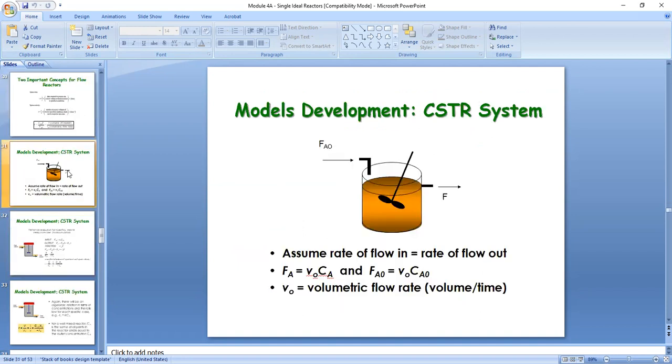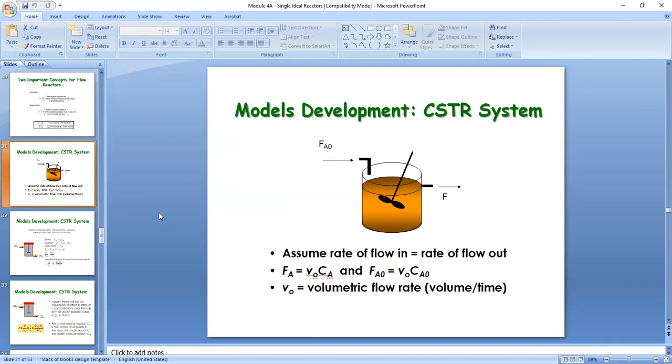Okay? In the batch reactor class, your formula for determining the holding time or the residence time needs you to integrate. For the CSTR or the MFR, you don't need to integrate anymore.